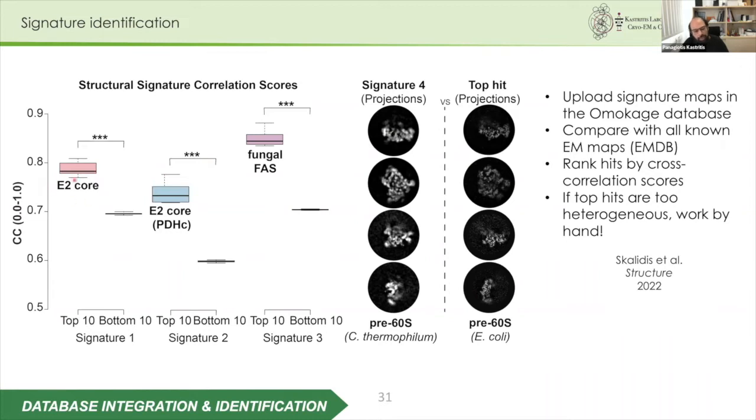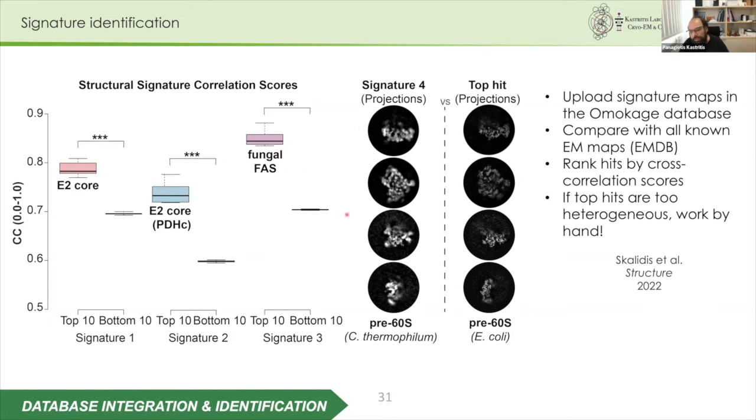In the case of the cubic reconstruction, we could see that it is the E2 core. In the case of the icosahedral, the pyruvate dehydrogenase core. In the case of the dihedral, the hamburger shape, the fatty acid synthase.